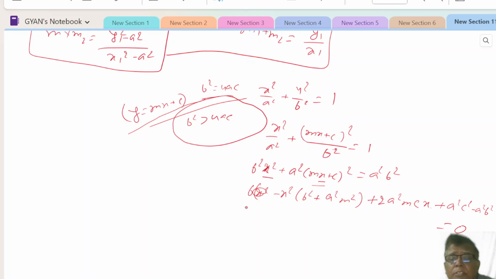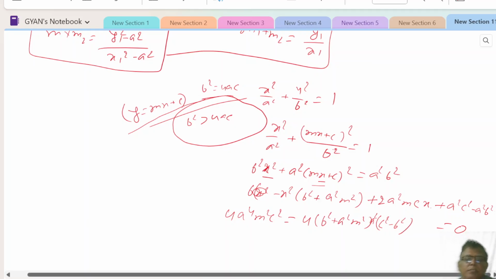So b square minus 4ac, if you do, then we'll get 4 a square m square c square is equal to 4 into b square plus a square m square into a square take common, then c square minus b square.